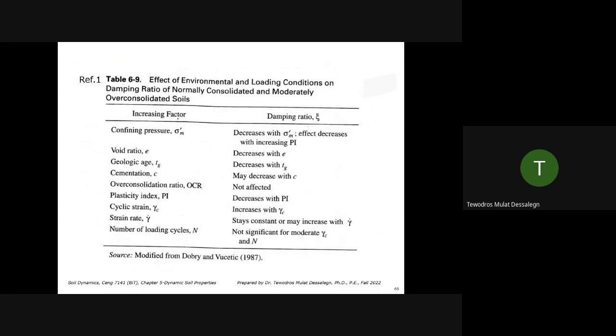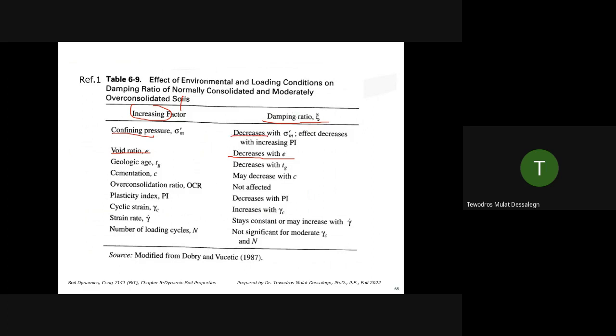Similar to the Gmax impact by different parameters, there are also some factors affecting damping ratio. For example, as the void ratio increases, the damping decreases. This is a general observation. As the confining pressure increases, what happens to the damping?